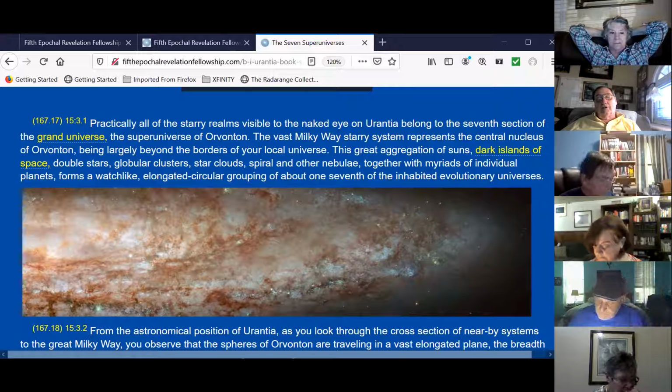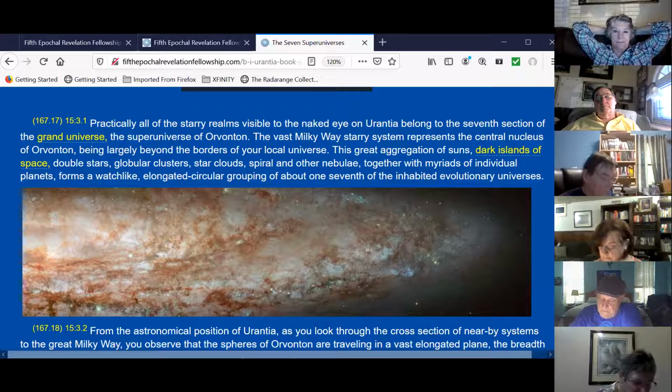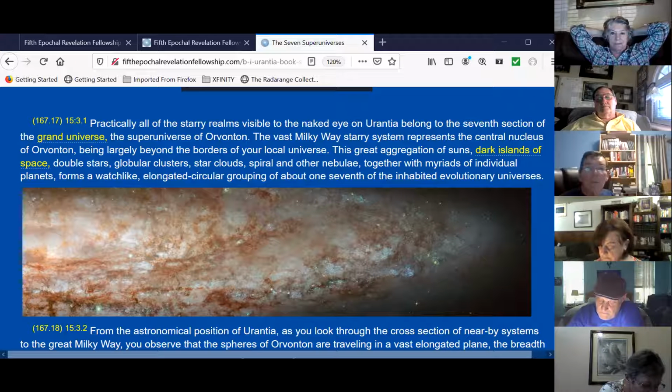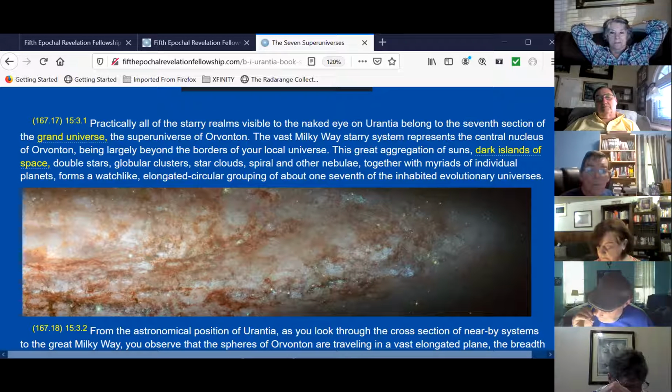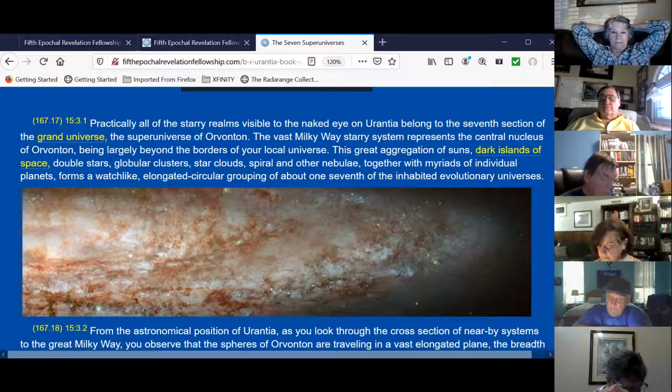There it is. Being largely beyond the borders of your local universe. The great aggregation of suns, dark islands of space, double stars, globular clusters, star clouds, spiral and other nebulae, together with myriads of individual planets, form a watch-like, elongated circular grouping of about one-seventh of the inhabited evolutionary universes.